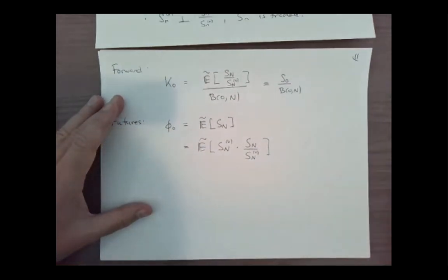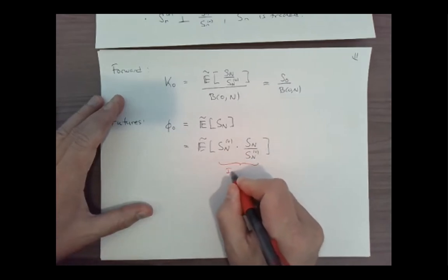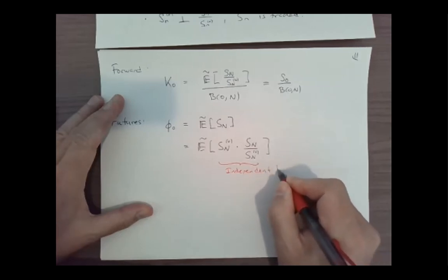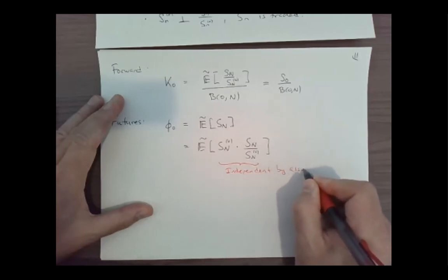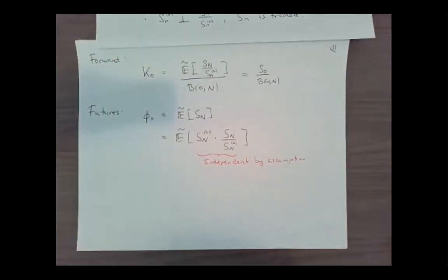And then I can use that these guys are independent by assumption. This is far from always the case, but in this particular problem, it's assumed that they are independent. So then I can break them up.